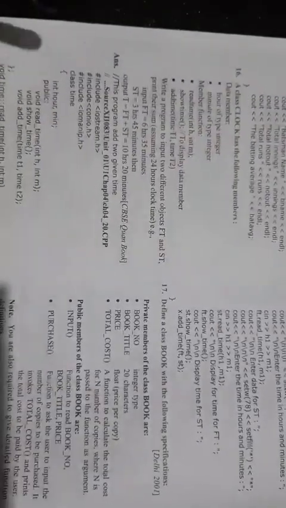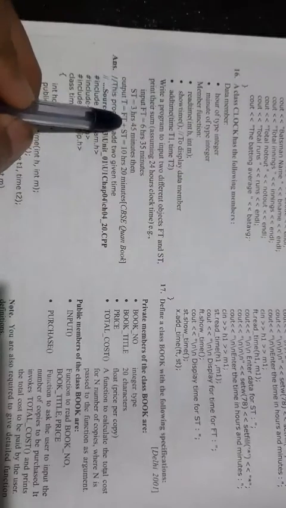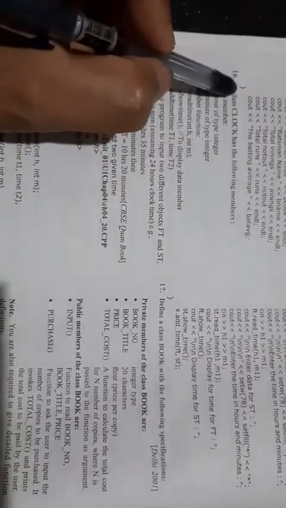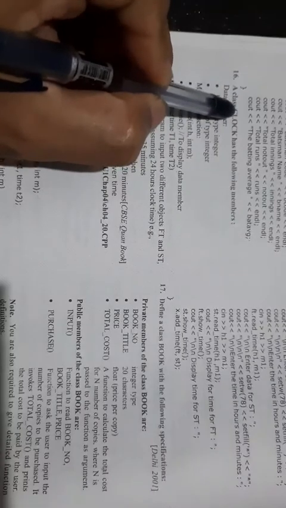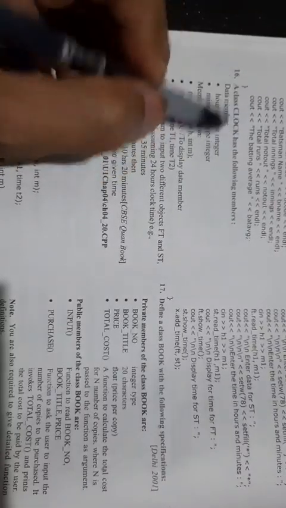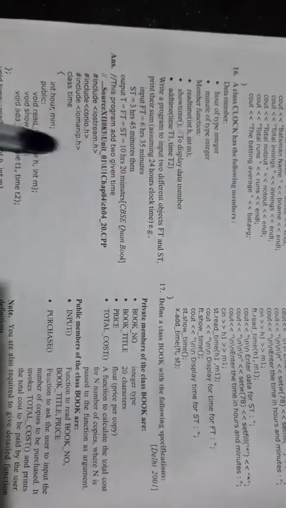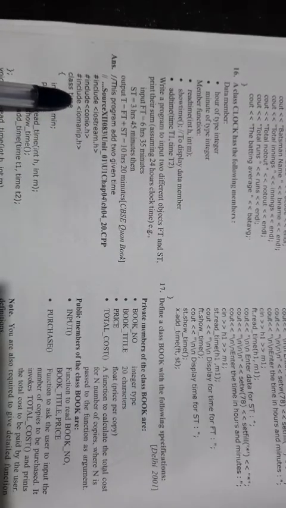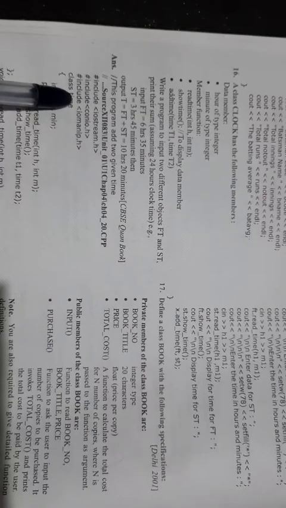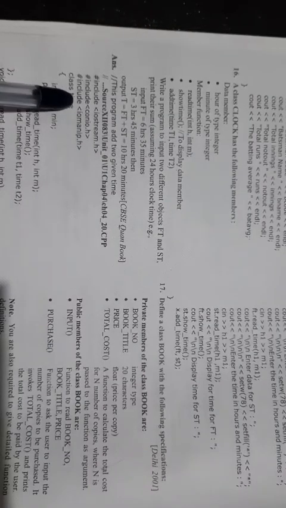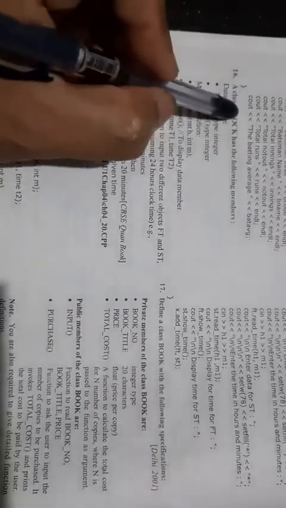But for your understanding, you have to correct the errors. Like in this example, the class name is clock. In bold it is written here clock, but if you see in the program, the class name is actually time. So the class name is not written clock, which should be clock, but here it is time. So we will not follow this class name, but we'll follow this class name.